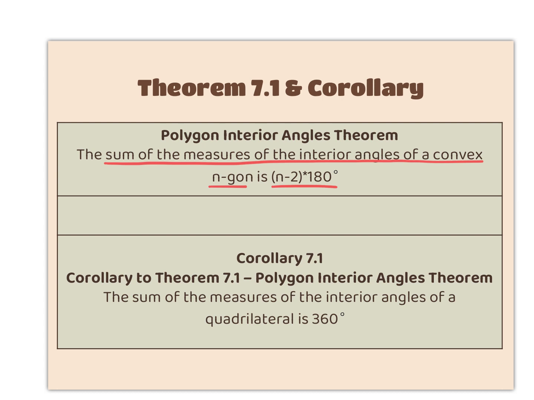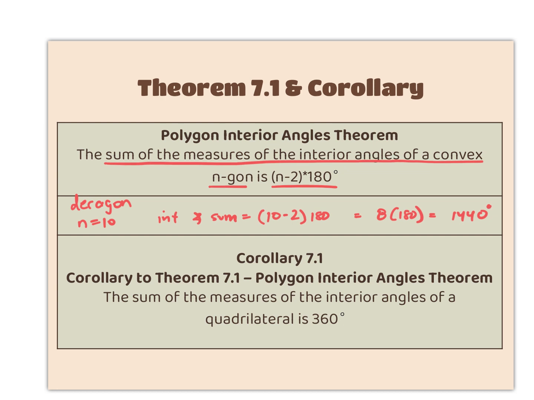So if I have a 10-sided figure, or let me give you the correct name, if I have a decagon, I know the number of sides is 10, and so I know the interior angles sum is going to equal 10 minus 2 times 180, or 8 times 180, which is equal to, I think, 1440 degrees.